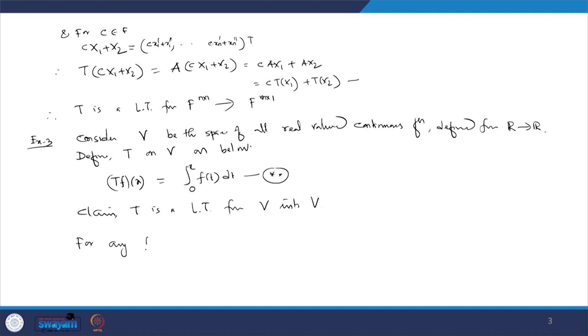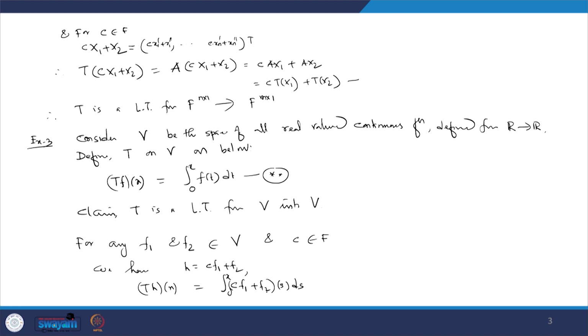For any F1 and F2 belonging to capital V and C belonging to capital F, we have, say, H is equal to C F1 plus F2. Then T H of x is equal to the integral from 0 to x of C F1 plus F2 ds.